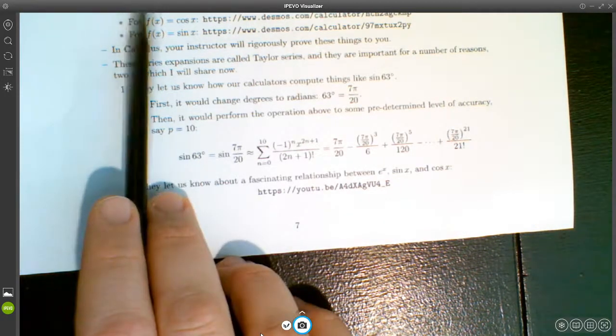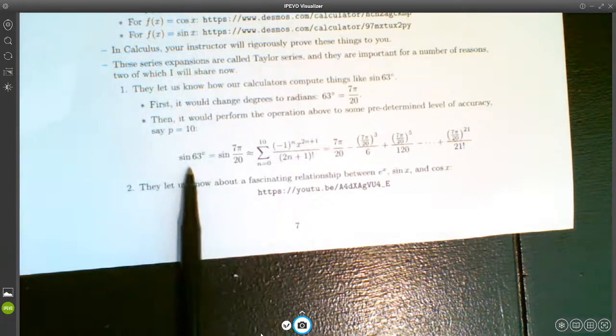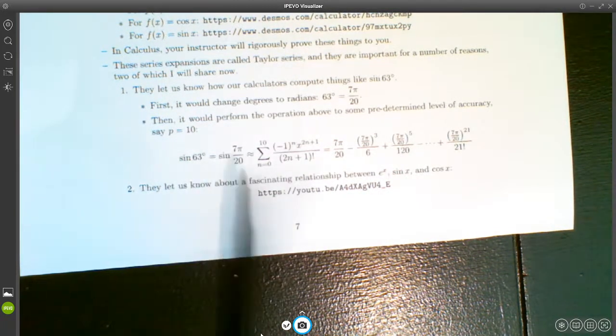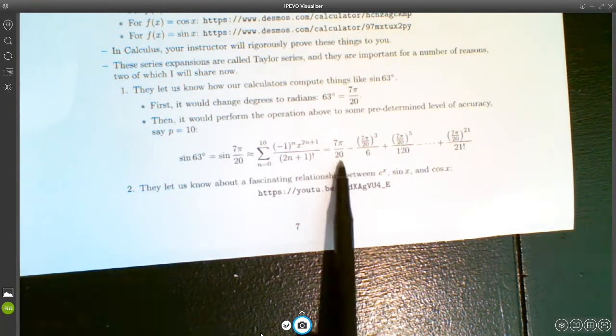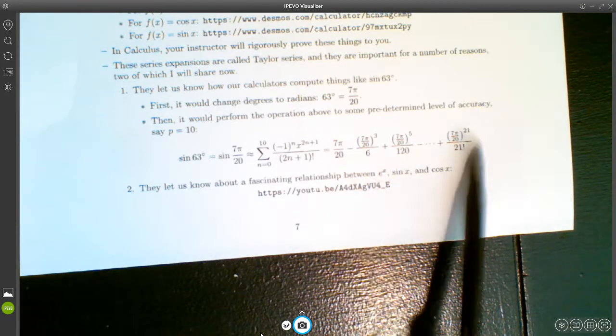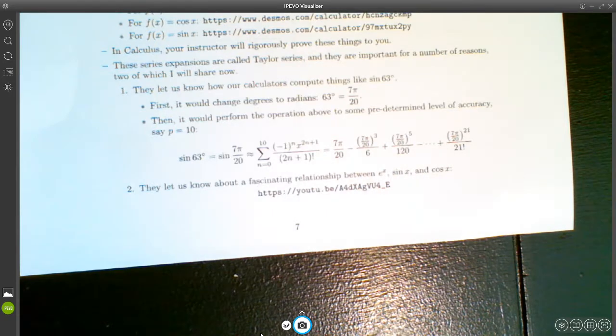Well, this is what your calculator is doing. It's using this function. It's plugging in 63 degrees. First, it has to change it to radians, but then it plugs the radians into this function, and it does it to a certain number of decimal places. I'm not exactly sure, probably that depends on the calculator.